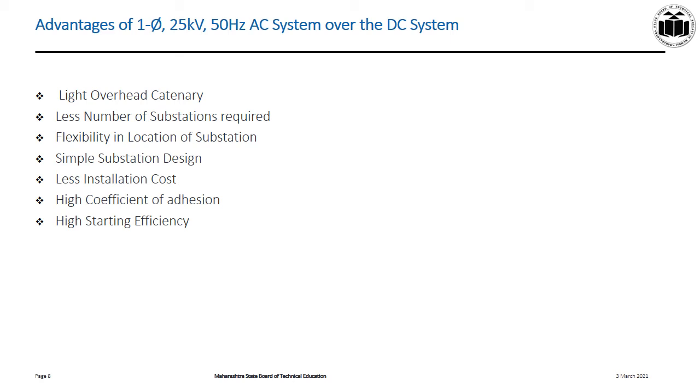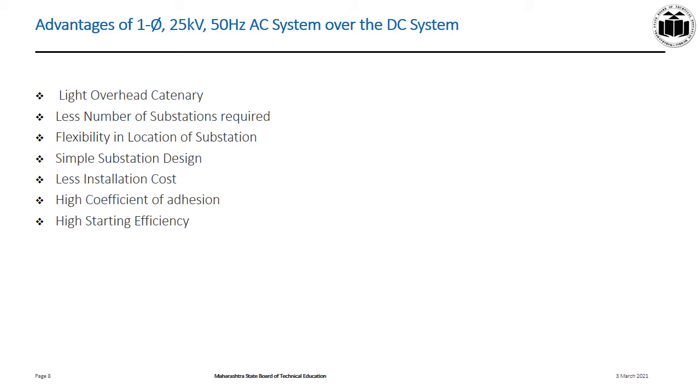In 25 kV single phase system, as the voltage is high, that is 25 kV, current required for given traction demand will be less. And due to that, the cross section area of the conductor will reduce and therefore conductors are light in weight. And hence the overhead supporting structure required will be light in weight.